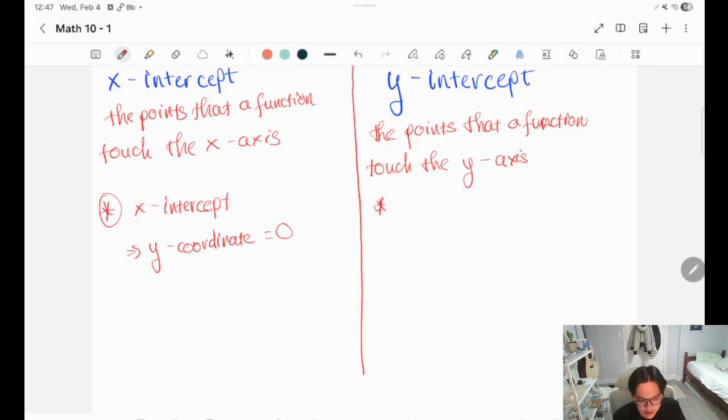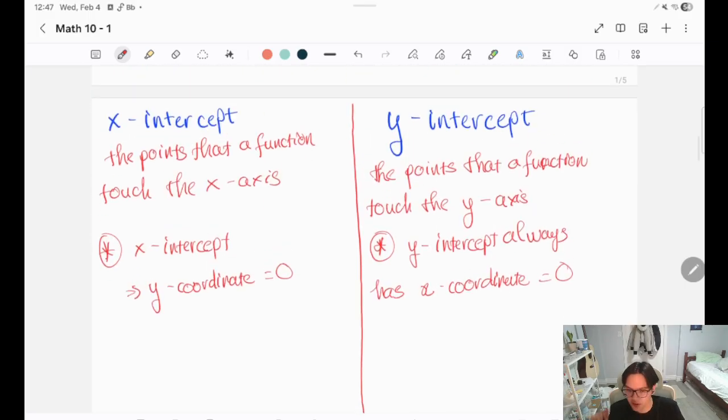And the same here, the y-intercept always has x-coordinate equal to 0, right?